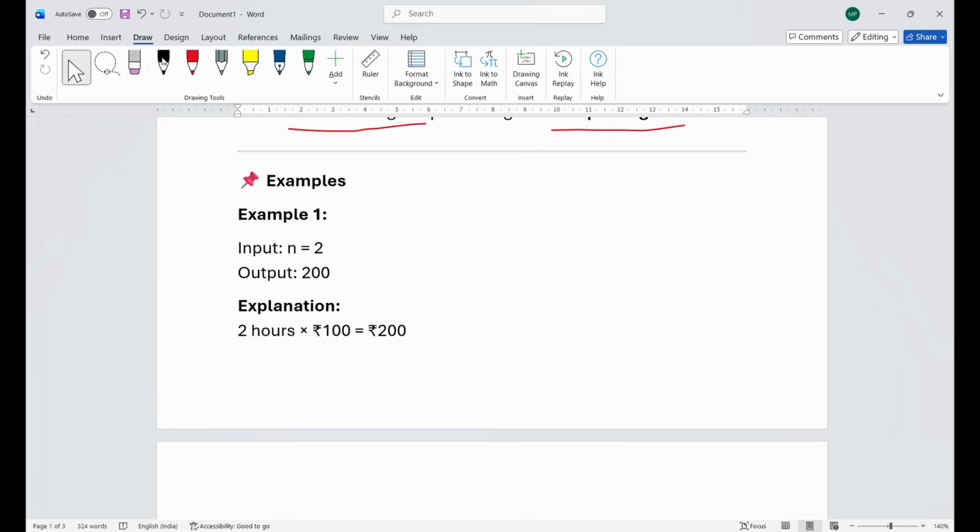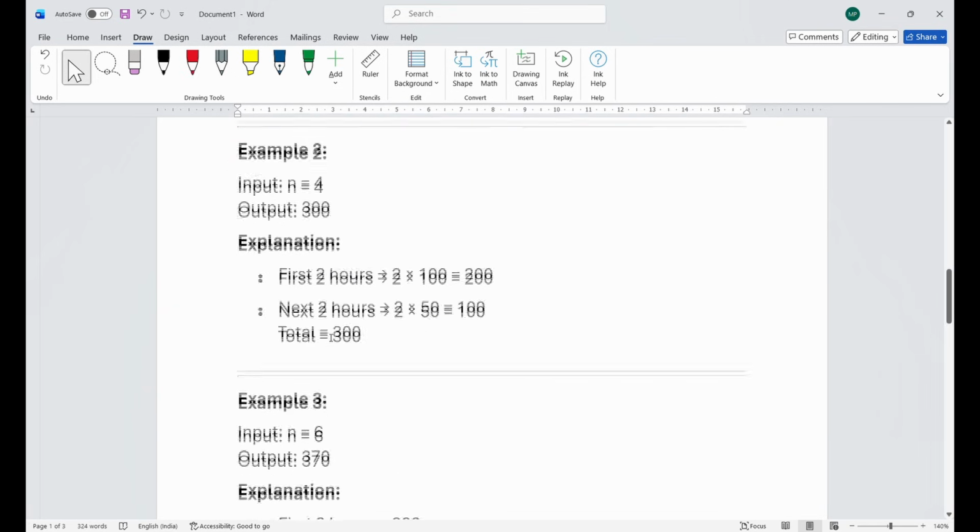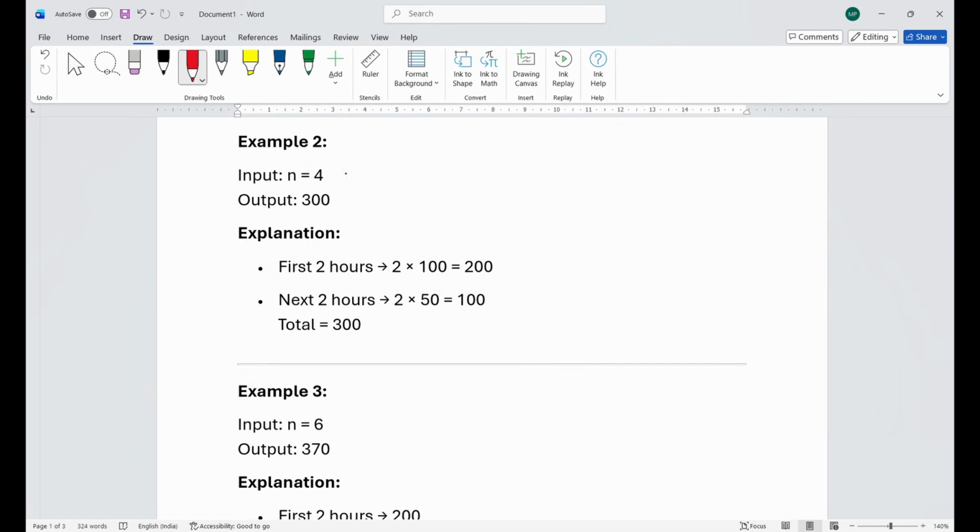Okay, let's see the examples. The first example says the input n is 2 and the expected output is 200. For the first 2 hours we calculate 100 rupees per hour, so the total parking fee is 200. In example 2, they have given n as 4 hours and the expected output is 300.